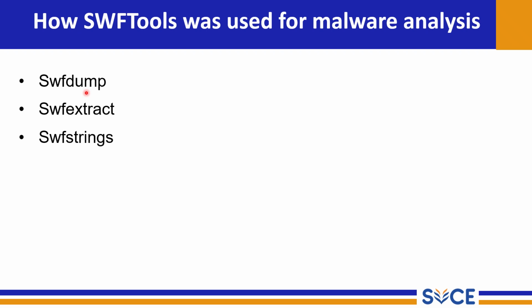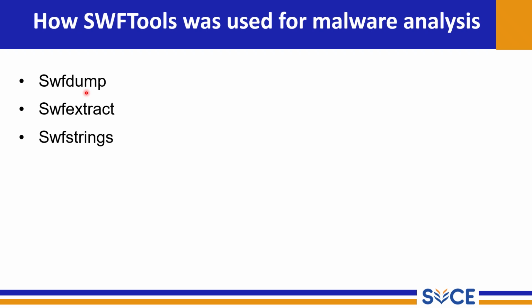Okay, and next is structural analysis. Malware often relied on very specific and sometimes incorrect tag structures to trigger exploits. Analysts could use SWF dump to examine the sequence and arrangement of these tags to identify anomalies. Next, cross-reference data.